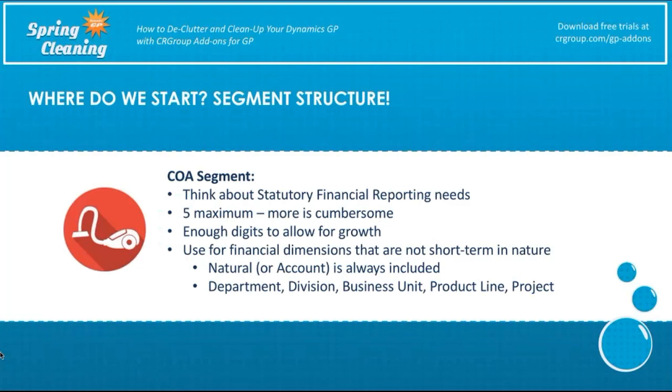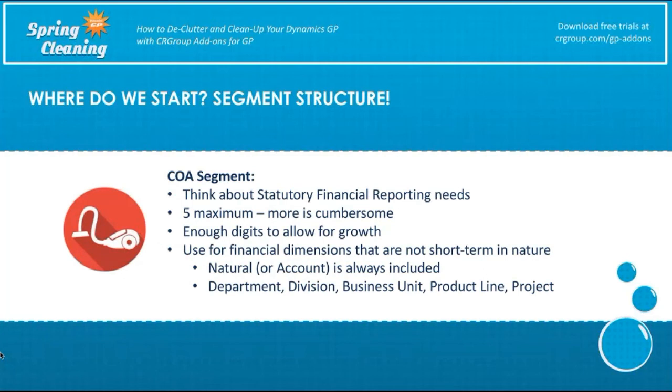Use financial dimensions for things that are short-term in nature. The key here is that what should be in the COA segments is the stuff that's not going to change, the stuff that's going to stick over the years to come. For instance, we're always going to have a main account or natural segment. Every accounting system has one, so right away there's one of the segments.